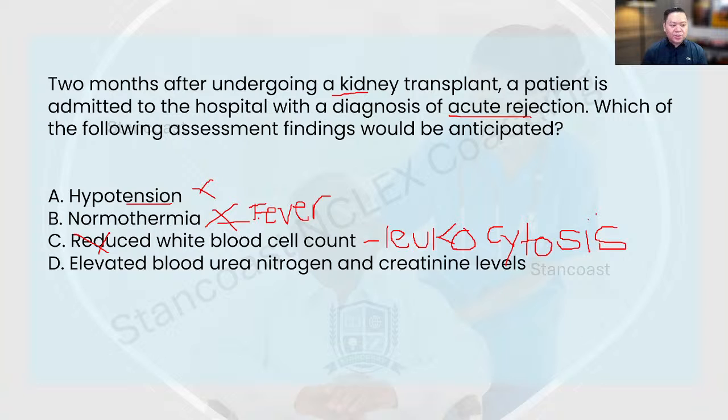What about letter D? Elevated blood urea nitrogen and creatinine levels. Well, acute rejection of a transplanted kidney occurs when the recipient's immune system recognizes the donor kidney as a foreign body. It will attack right away. Now, it will lead to inflammation and also damage to the transplanted kidney.